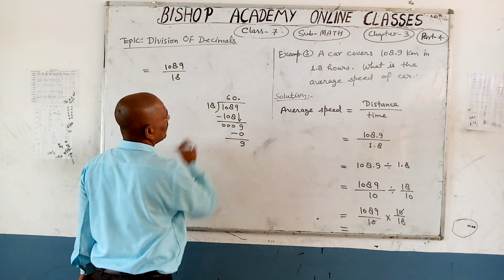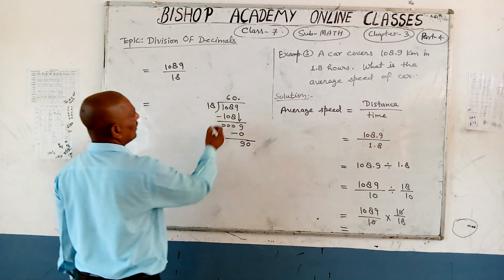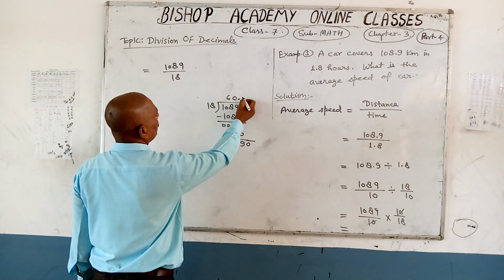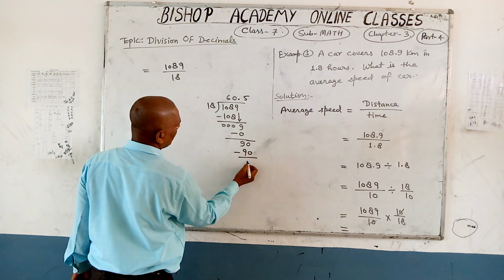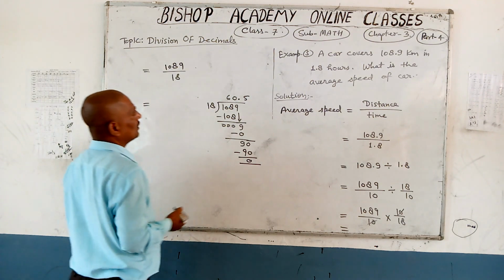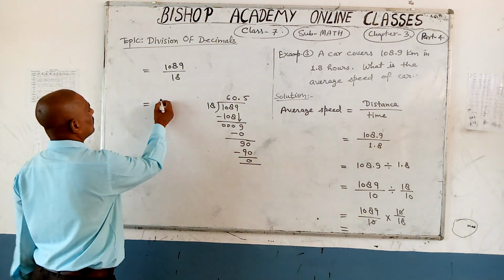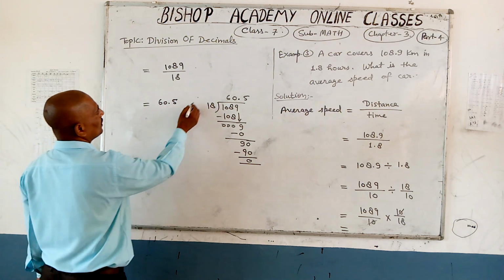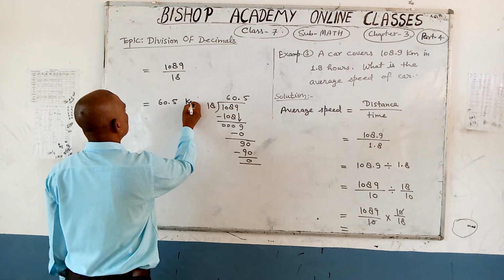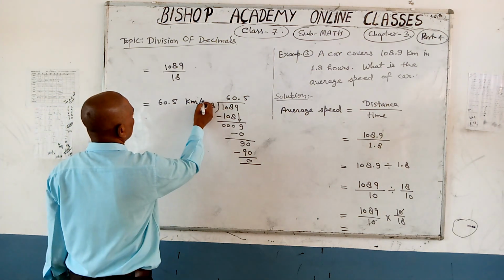Shift the decimal here, put a 0 on the right of 9 and divide. 18 5s are 90. Subtract, get remainder 0. In this way, through long division, you get 60.5, and this is the average speed, 60.5 km per hour.